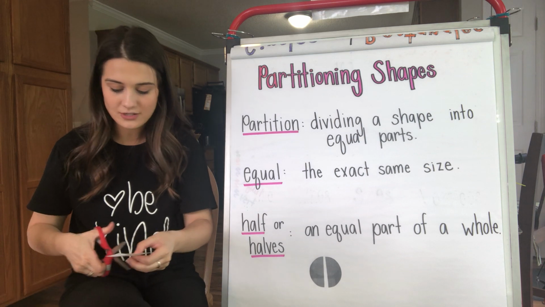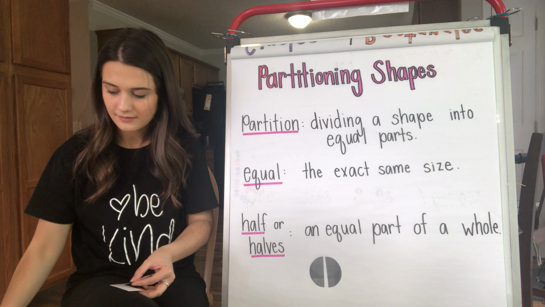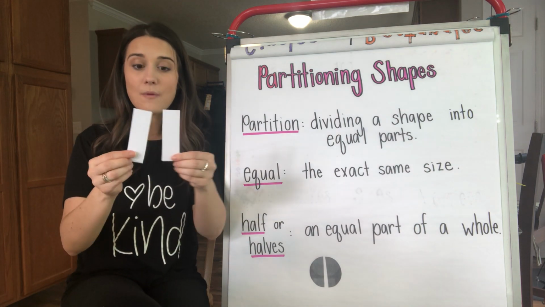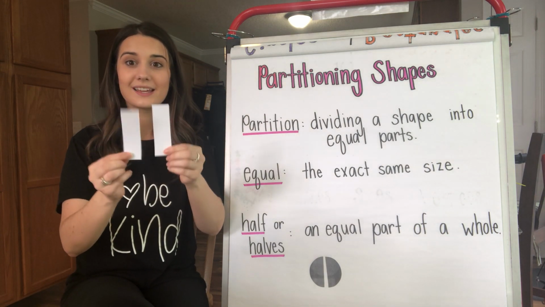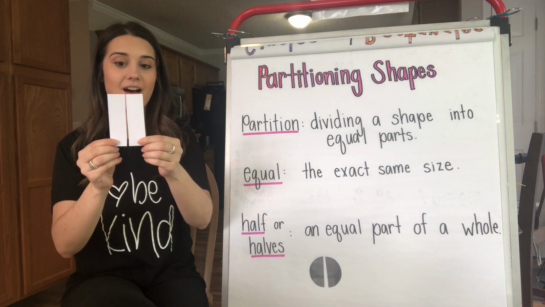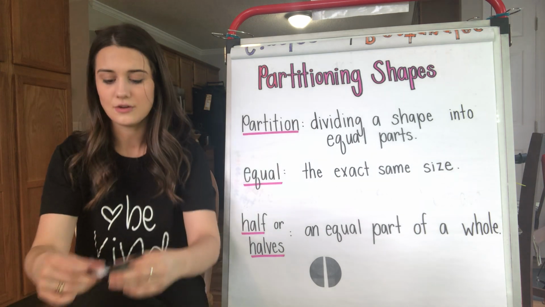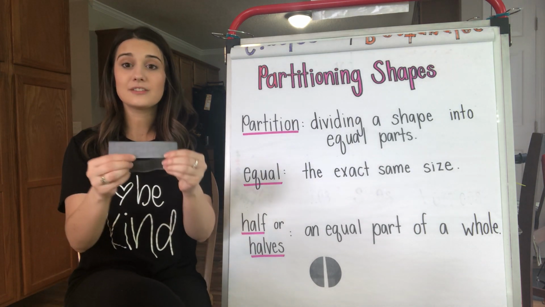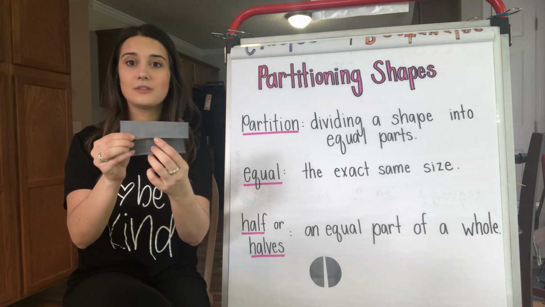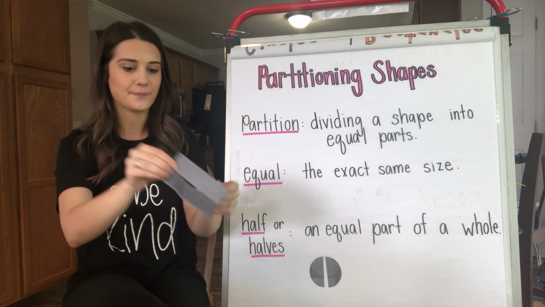I can cut it to make sure I have equal parts. And now what can I call each of these parts? We can call them half or two halves. Alrighty, I have our two pieces of a rectangle. Now this rectangle, I decided to cut horizontally. So I'll cut it the long way.